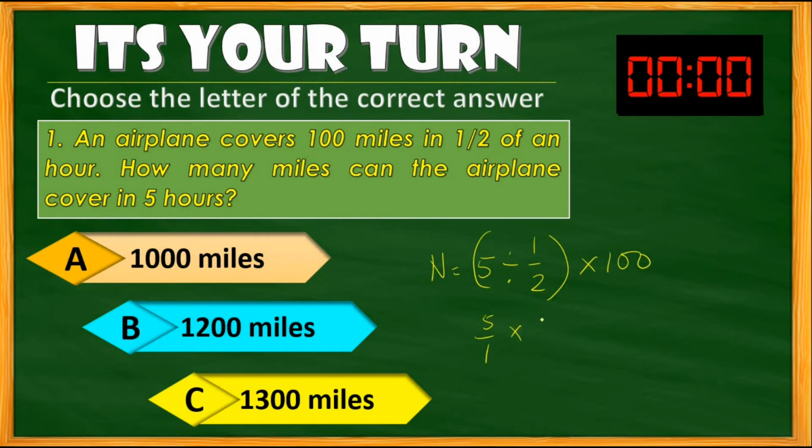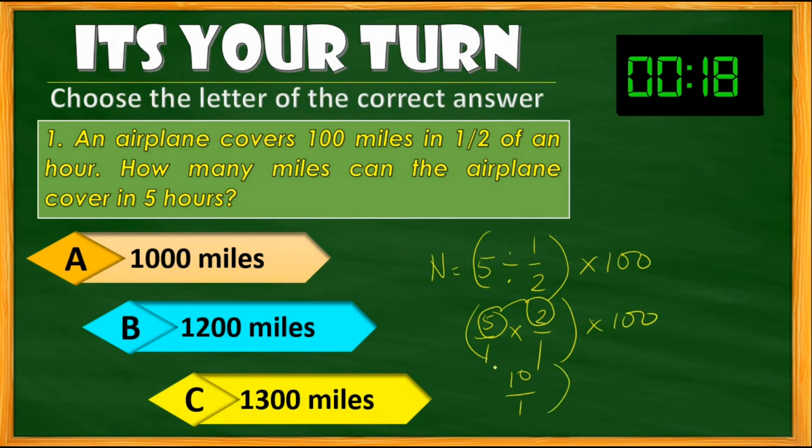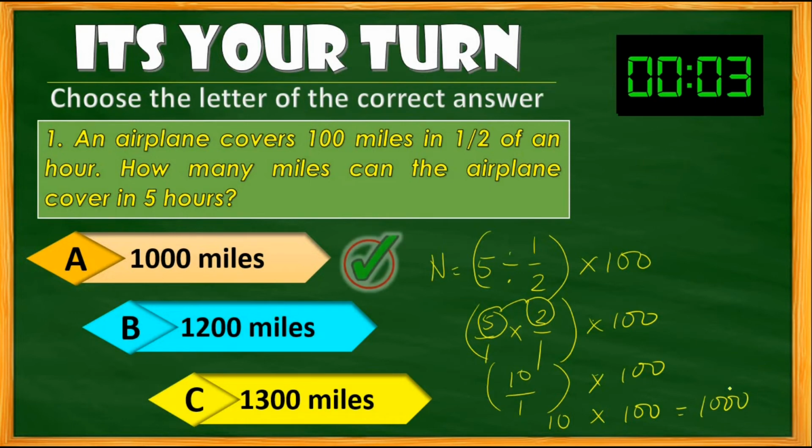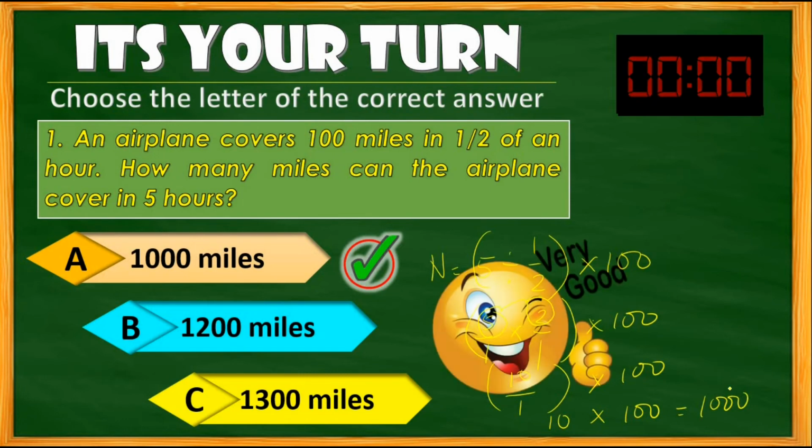Change the operation, then flip. 5 multiplied by 2, the answer is 10, and 10 over 1, then multiplied by 100. Then 10 divided by 1, the answer is 10. Then 100, so the final answer would be 1,000. The correct answer is 1,000, letter A. Good.